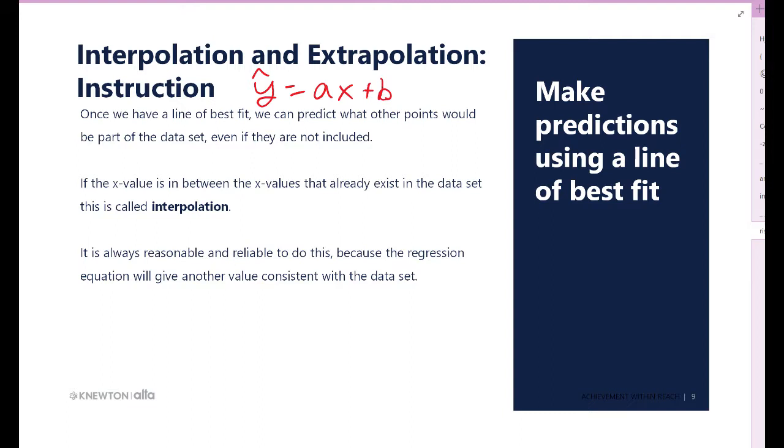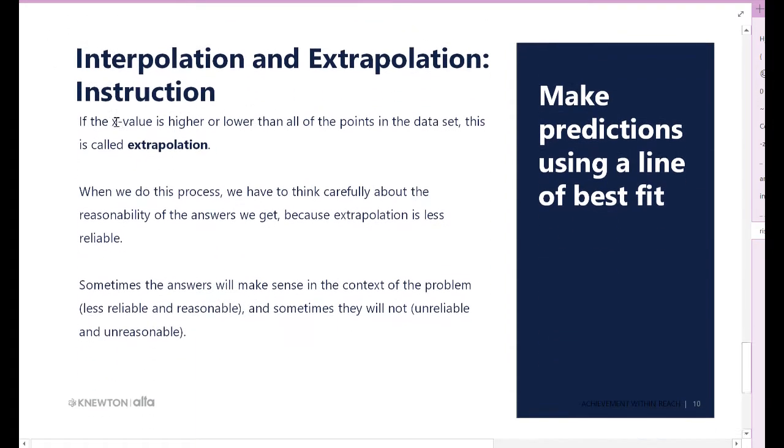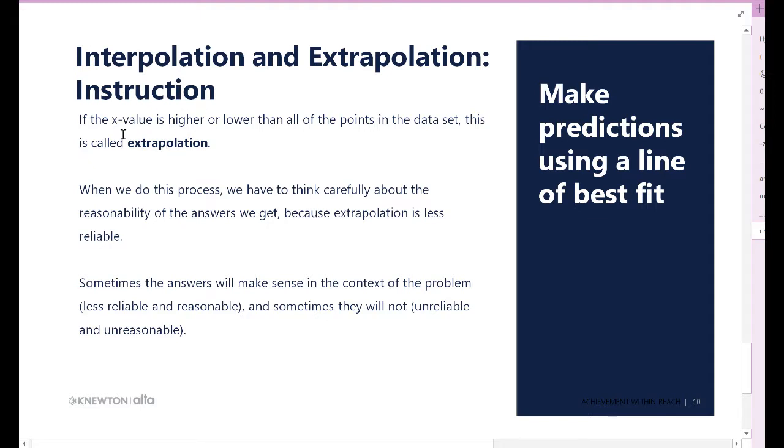So the 30-day forecast is bad because it's extrapolating. It's going beyond the capabilities of the model. So we want to avoid this extrapolation. They define it as if the x value is higher or lower than all of the points in the data set, this is called extrapolation. So if your x values are larger or smaller than what you're working with in your original data set, you are extrapolating.